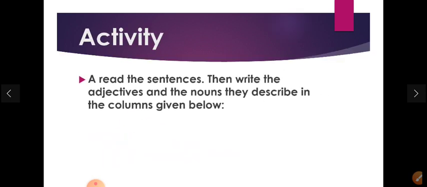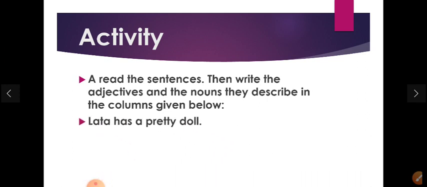Our first activity is: read the sentences, then write the adjectives and nouns they describe in the columns given below. You have to first find out the adjectives and the nouns and then mention them in the columns of adjectives and nouns.